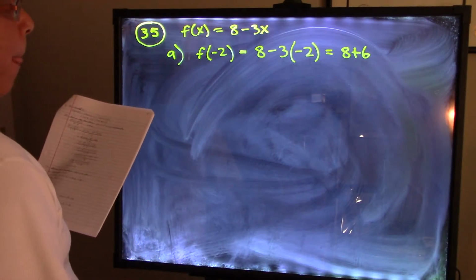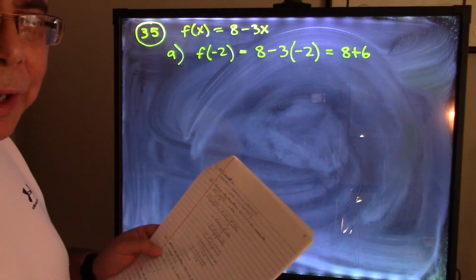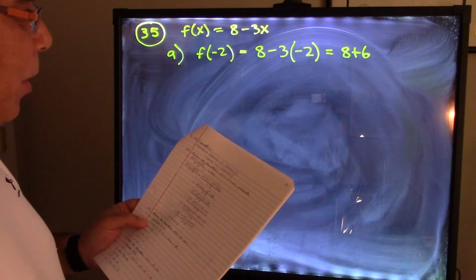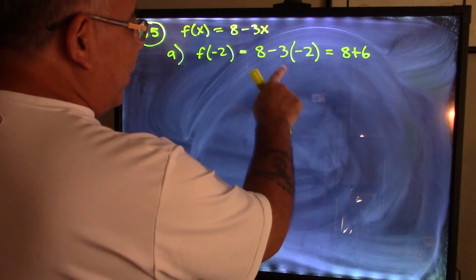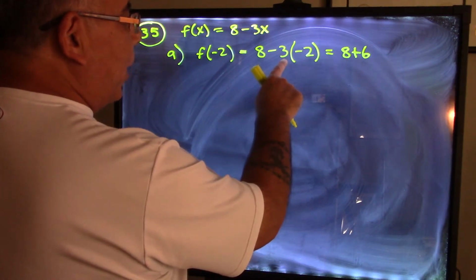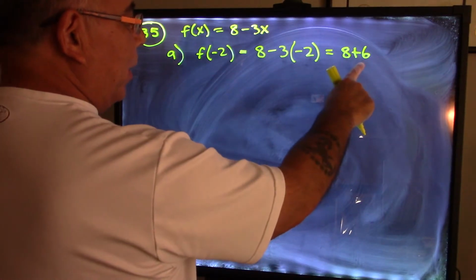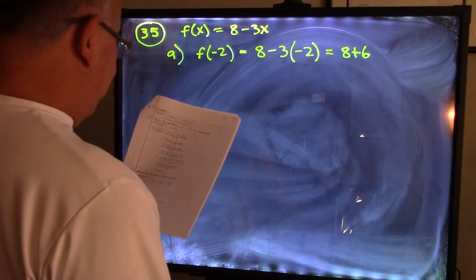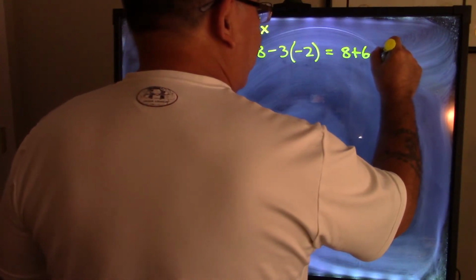You do not go 8 minus 3 is 5, 5 times negative 2 is negative 10. If you did that, you're not following the order of operations. Order of operations says you do the multiplying before you do the adding or subtracting. So it's 8 plus 6, don't make that error, and that equals 14.